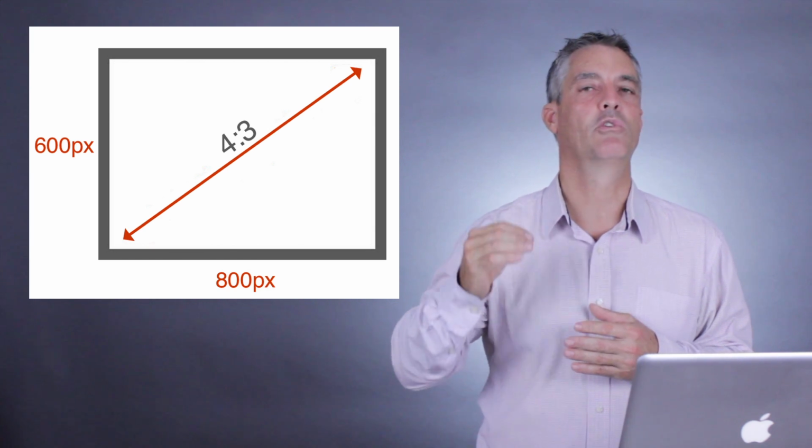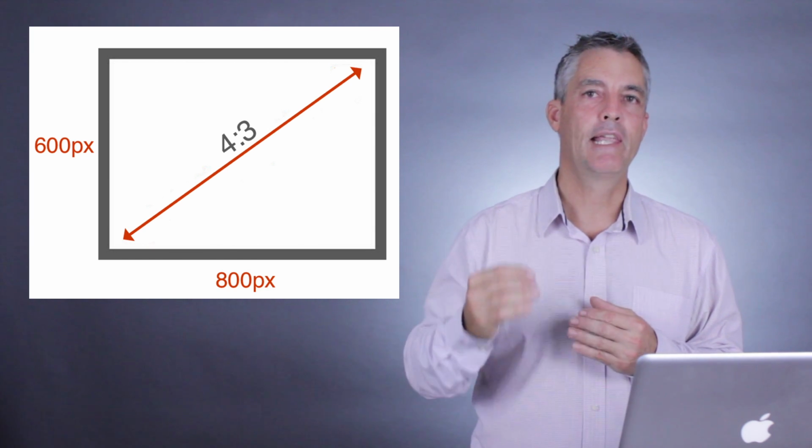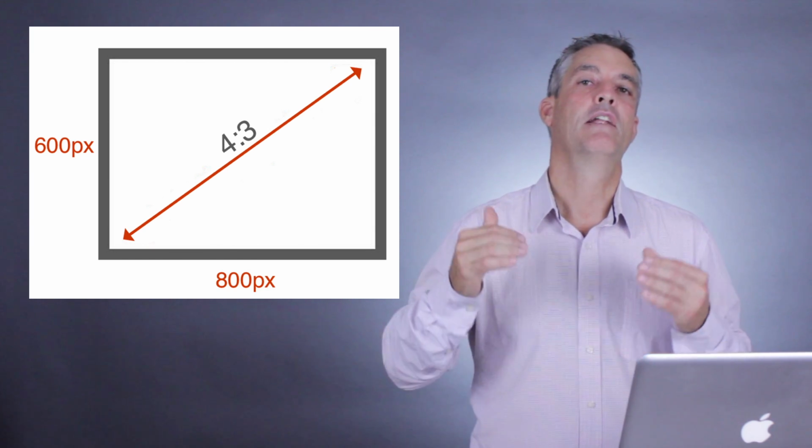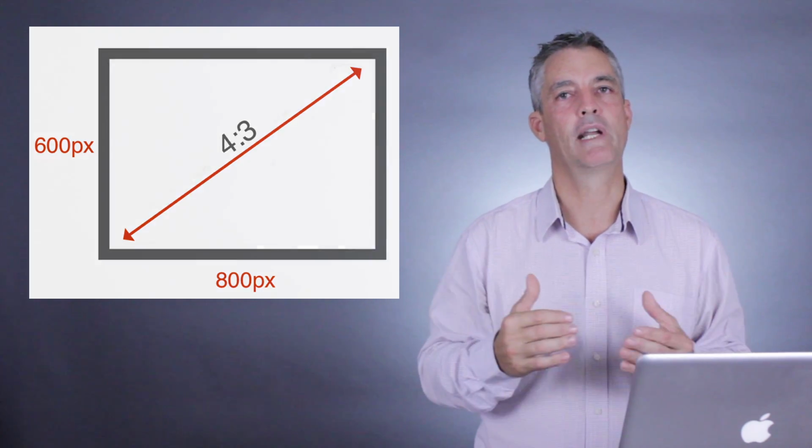So we need to make sure that we have an image at least of that quality just to fill the screen. But of course, in this case, we want to go further than that, so we need even higher quality again. So we could go double, triple even, depending on what we want to do.